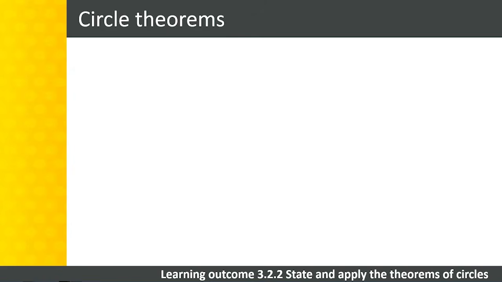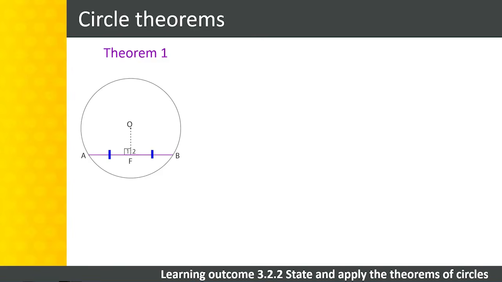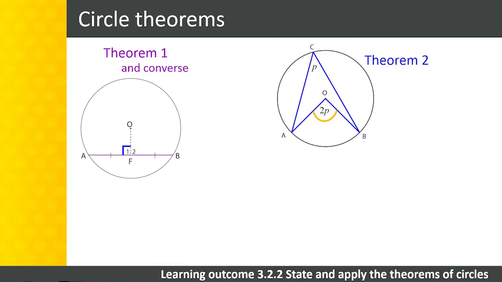Just before we end the module, here's a summary of the theorems we have covered so far. Theorem 1. A perpendicular line segment drawn from the center bisects a chord. And its converse, if a line drawn from the center bisects a chord, it is perpendicular to the chord. Theorem 2.